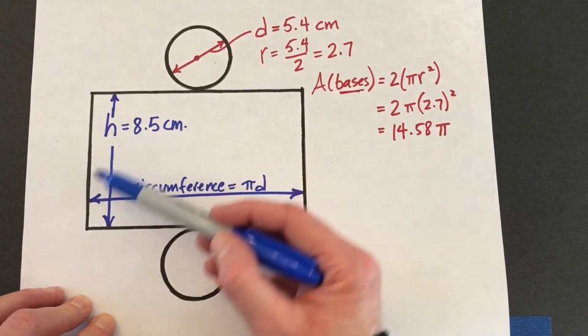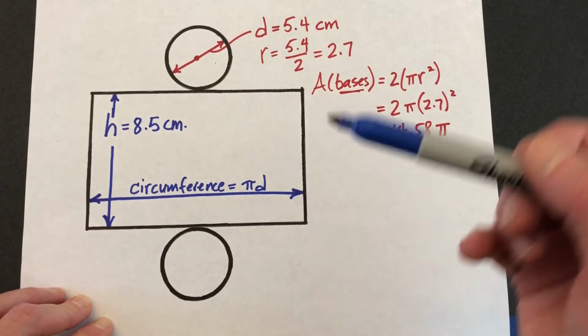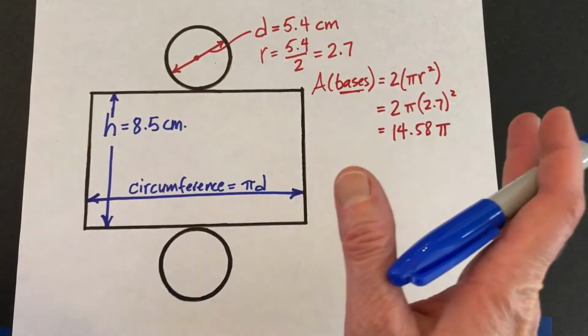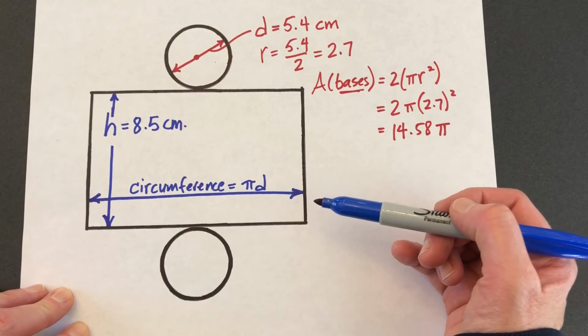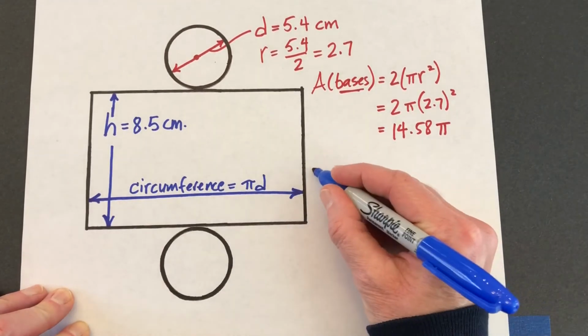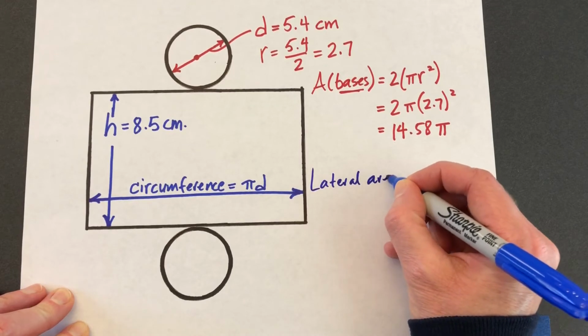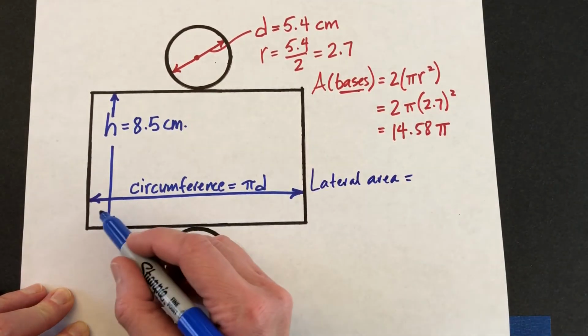Well, now let's think about this lateral surface area. Again, when we sort of imagine cutting that cylinder and just folding it into a two-dimensional area, we get just a simple rectangle. So our lateral area is simply the area of that rectangle.